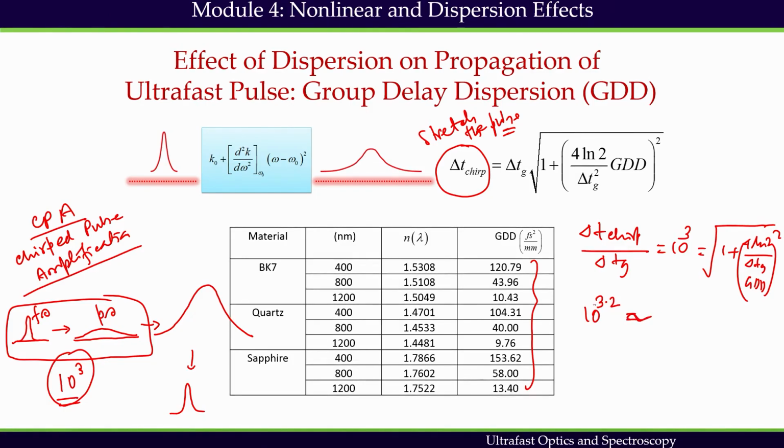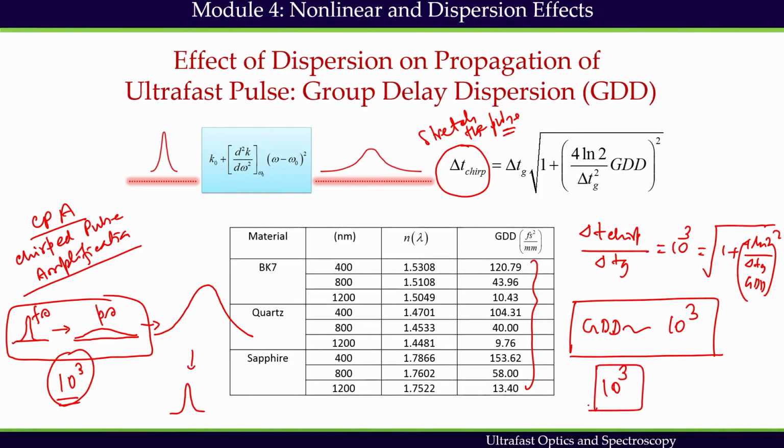In order to achieve a 10 to the power 3 stretching factor due to dispersion, I need an equivalent amount of GDD, and we see that material dispersion does not give such a high GDD.